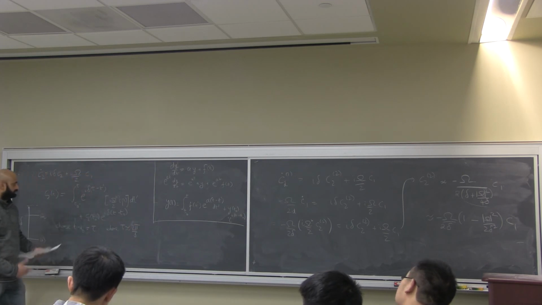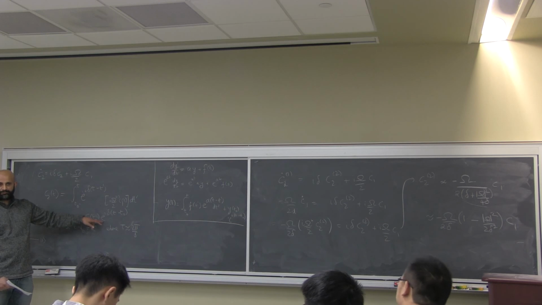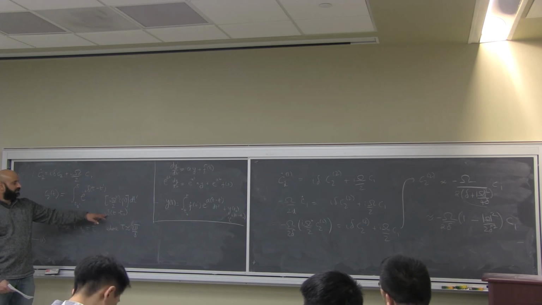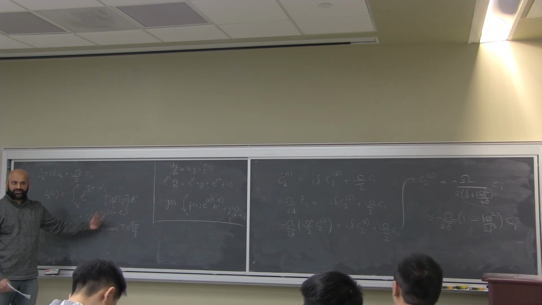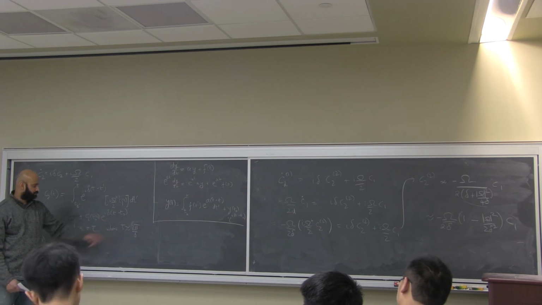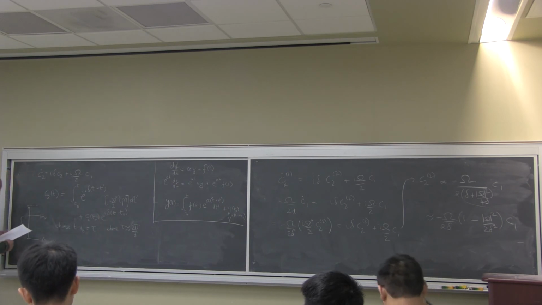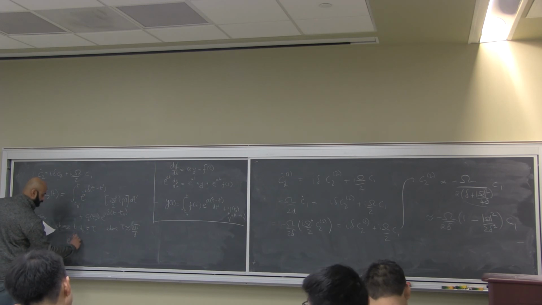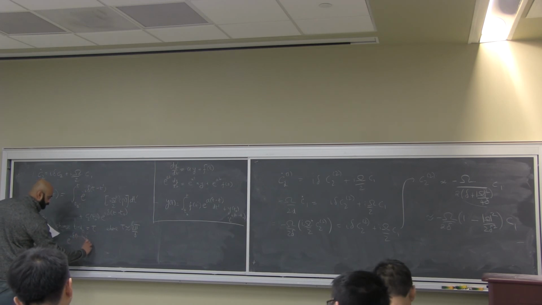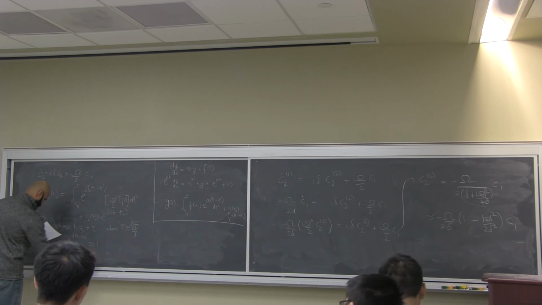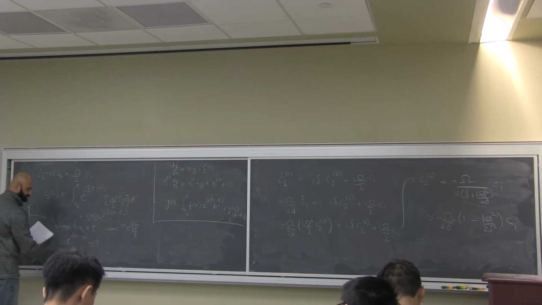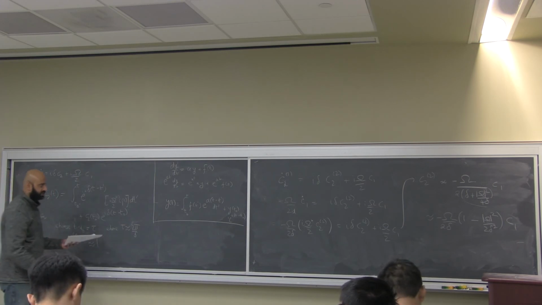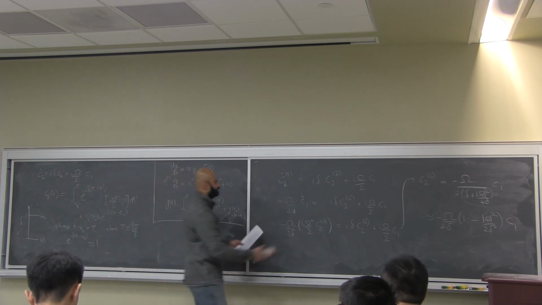So this last term, e^(i delta (t minus t_0)), will be just 1 when I substitute. This is the adiabatic elimination approximation.